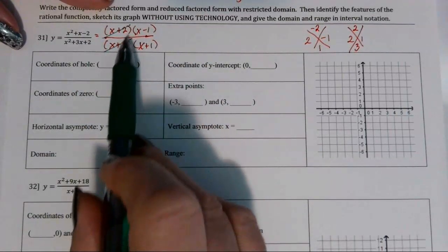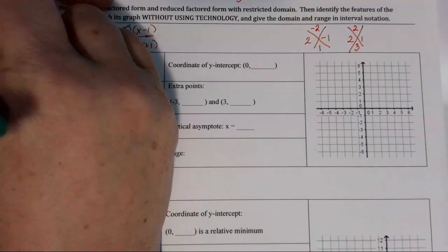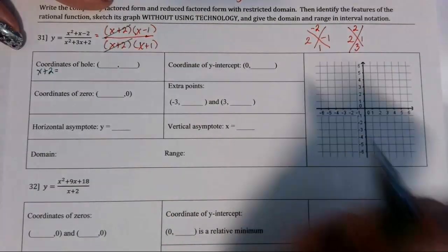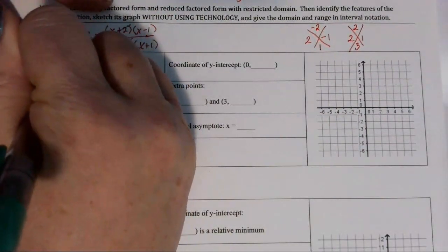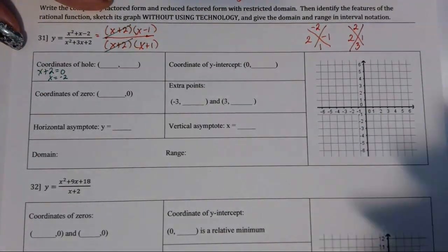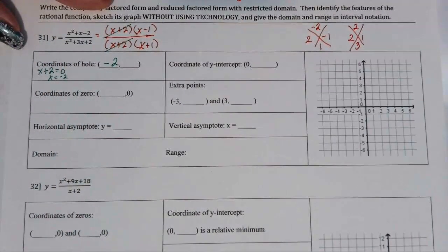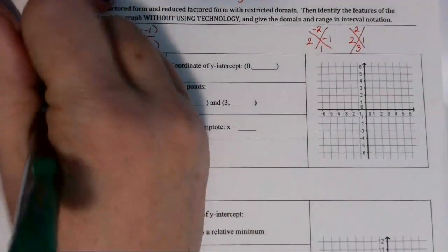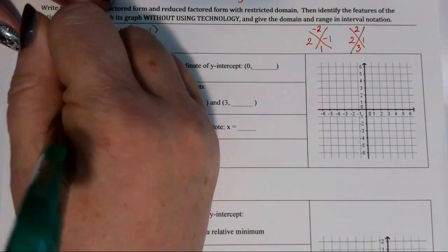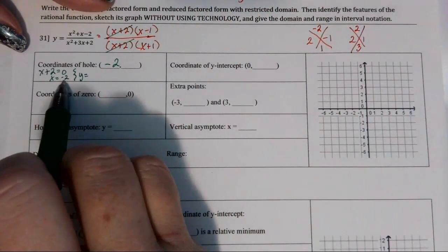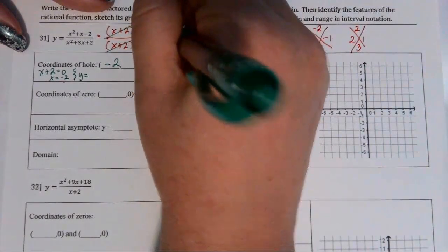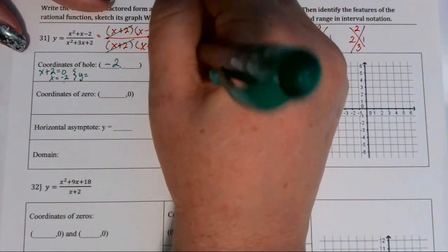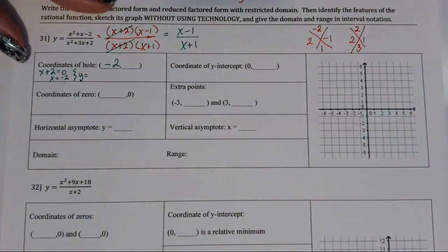To find the coordinate of that hole, we take the canceled factor x plus 2 and set that equal to 0, and x equals -2 would be the x coordinate of the hole. Then to find the y value that goes with it, we substitute that -2 into the simplified form of our rational function.